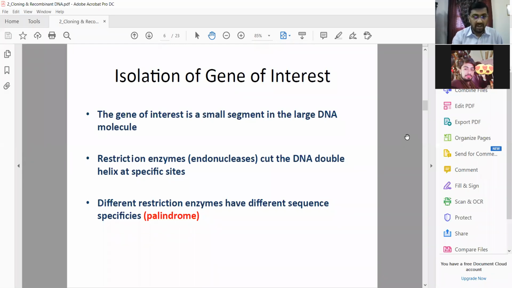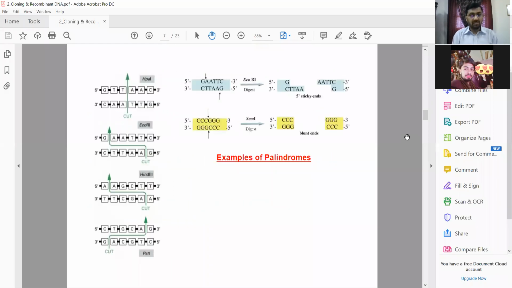Let's go into the details of what palindromic sequences are and how they work. These are a few examples. There are different types of palindromic sequences: one which produces sticky ends, and one which produces blunt ends. Basically, restriction enzymes can be divided into two types: those which produce blunt ends, and those which produce sticky ends.